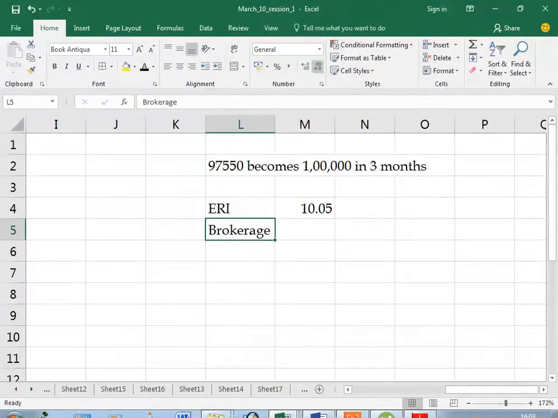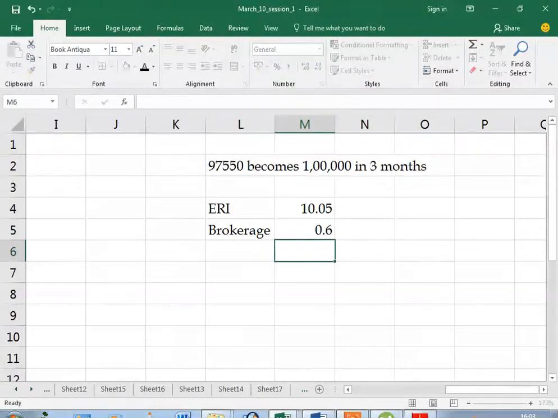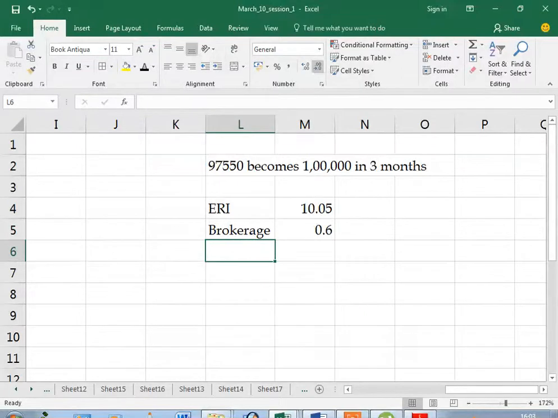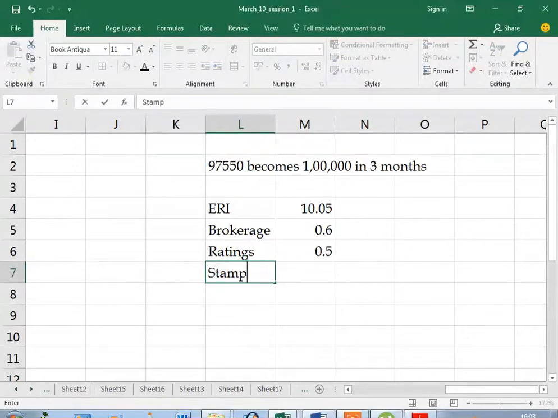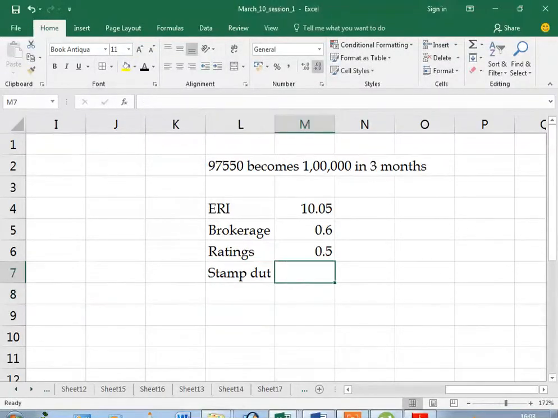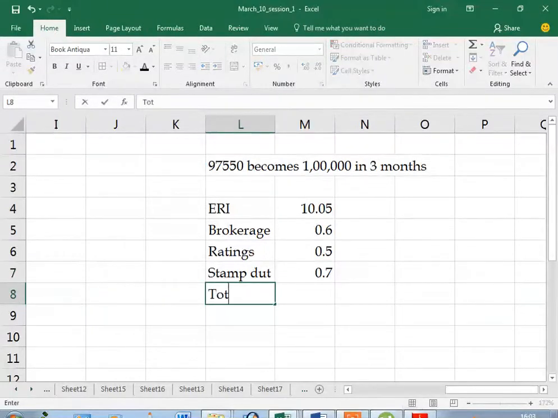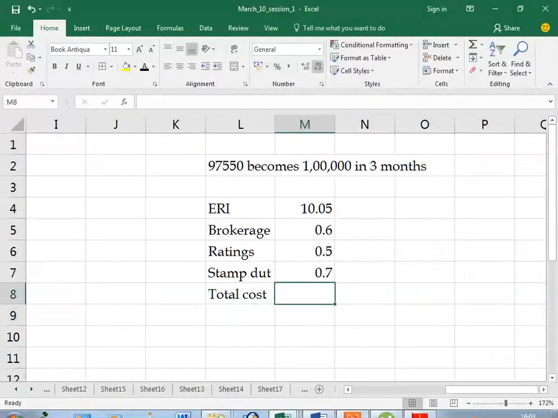So brokerage will be 0.60, not 0.15. Rating charges directly 0.50. Stamp duty 0.175 into 4. And the total cost is 11.85%.